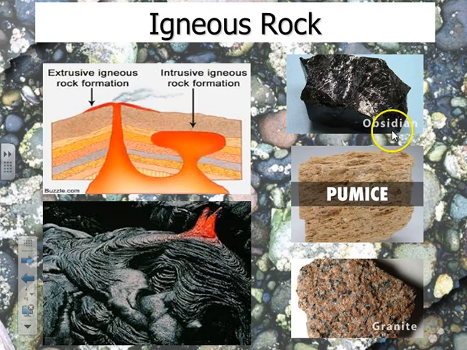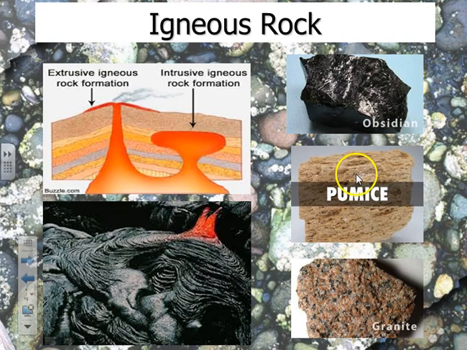You've got obsidian that looks like black glass, pumice, which shoots out of the top of an exploding volcano. It's very light, it's airy, it cools super fast, and because it cools fast, it has these air pockets inside of it.